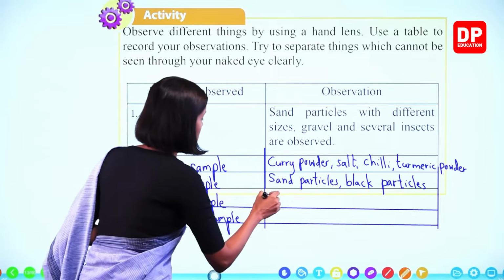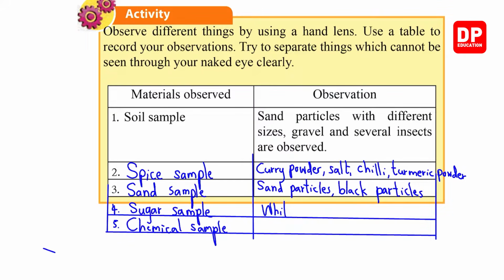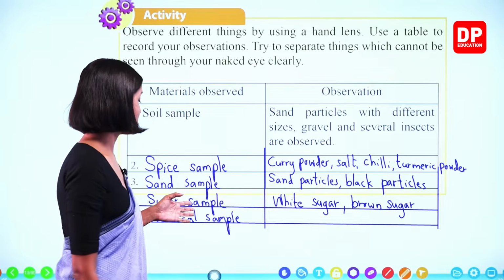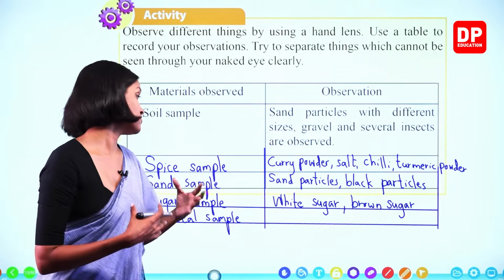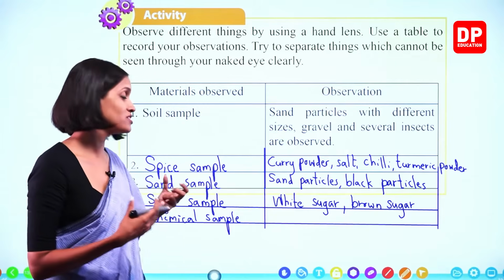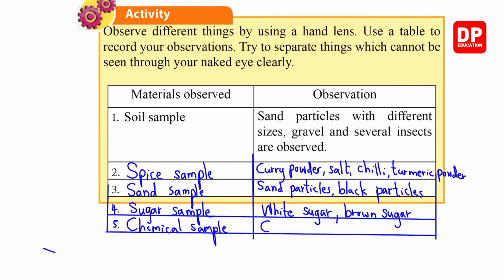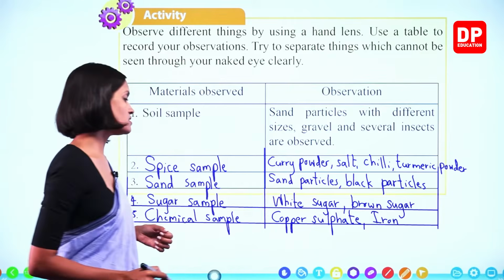Sugar sample, white sugar, brown sugar, right? Chemical sample, sulfur and copper sulfate and iron was mixed together, right? So copper sulfate, iron, right children?